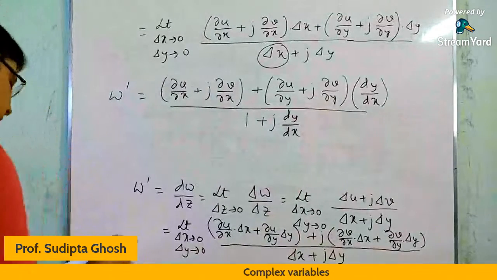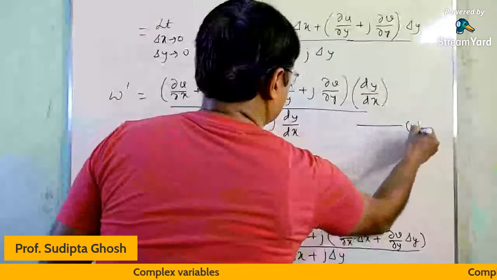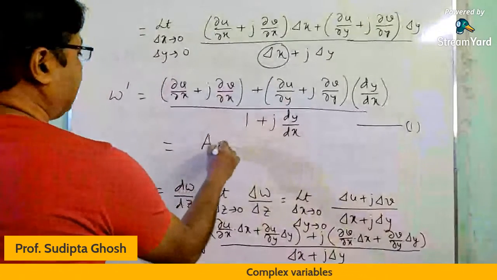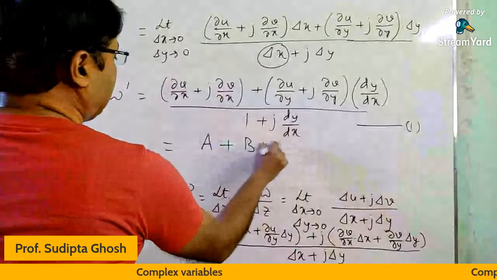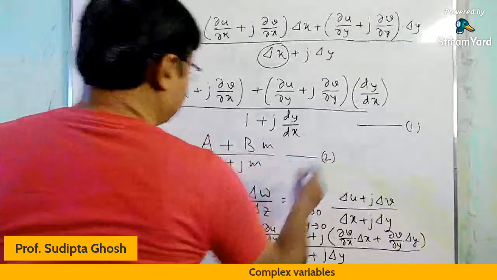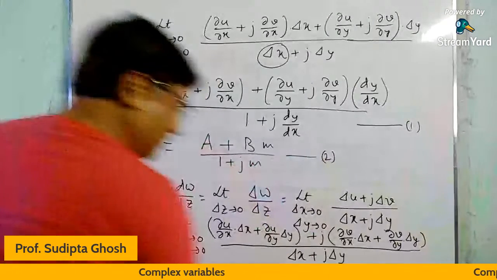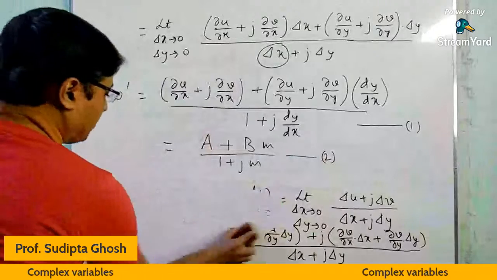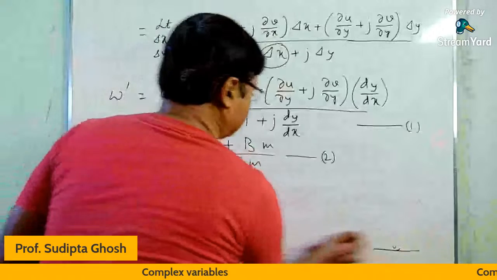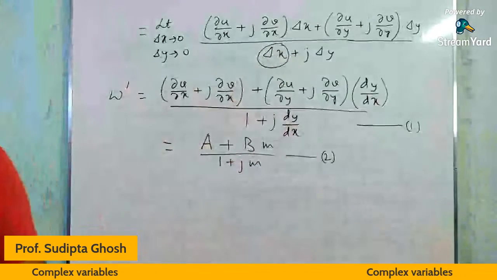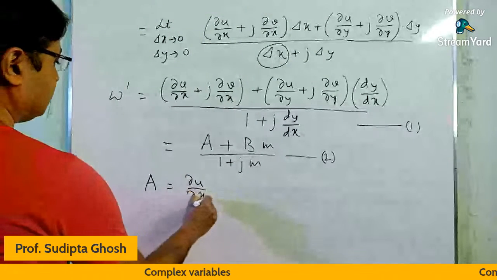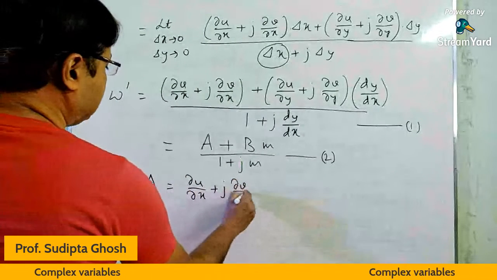Now this is equation 1, and we can write it as (a plus bm) divided by (1 plus jm). So this is equation 2. Now what is the value of a and b? From here we can write a equals del u/del x plus j del v/del x.